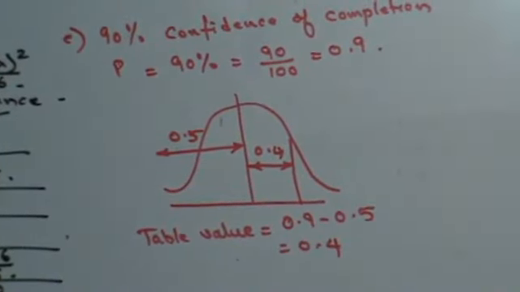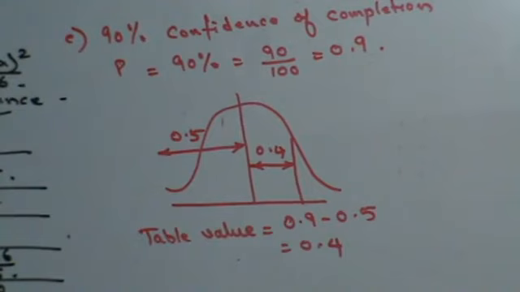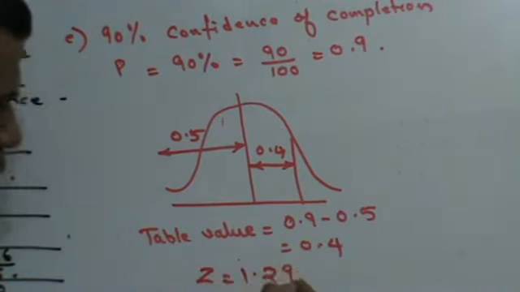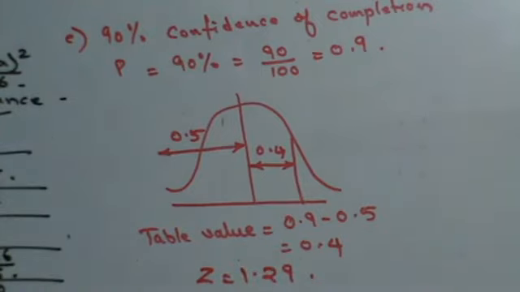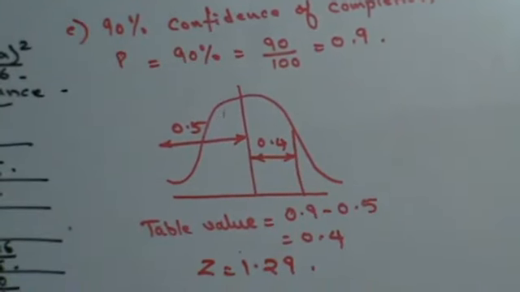The closest I can get is 0.3997, which is 1.28. But we take a value slightly above that, 0.4015, because 1.28 was 0.3997 and 1.29 is 0.4015.